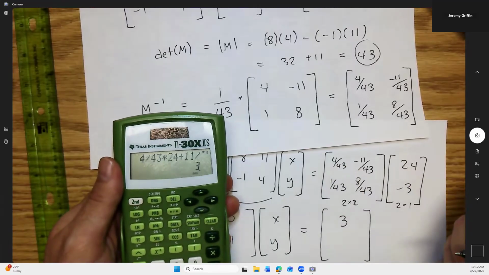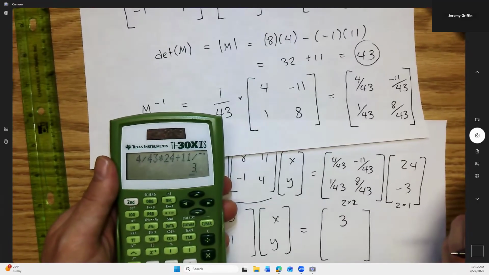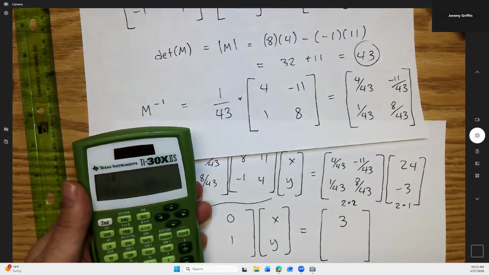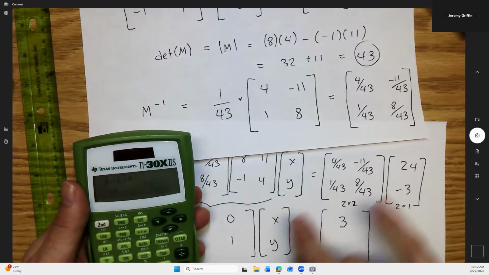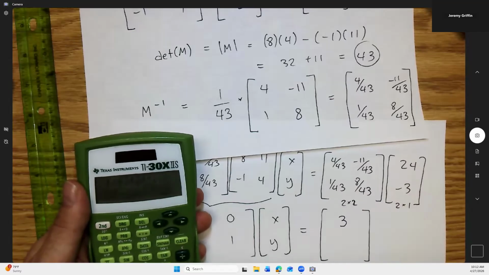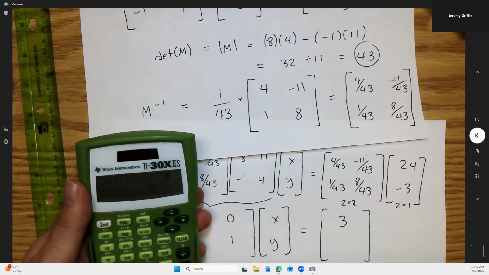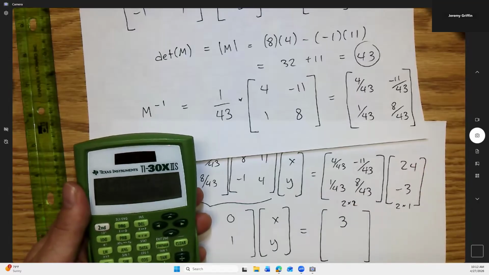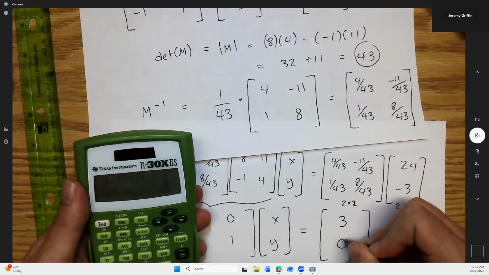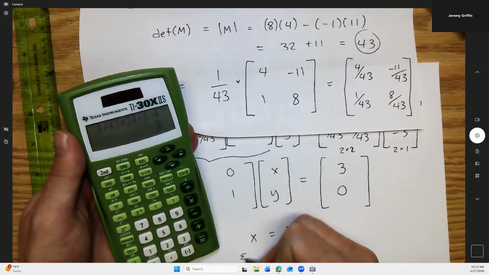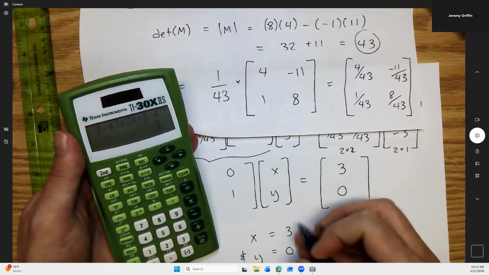I was not expecting that. Then the next element: 1 out of 43 times 24 plus 8 out of 43 times -3. And I got 0. So it looks like x is equal to 3 and y is equal to 0.